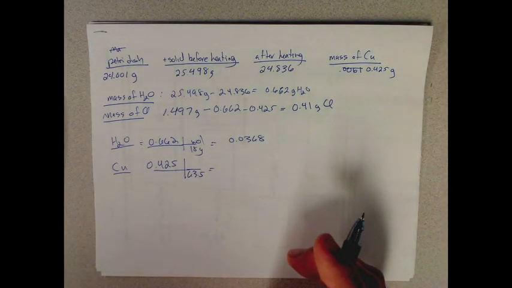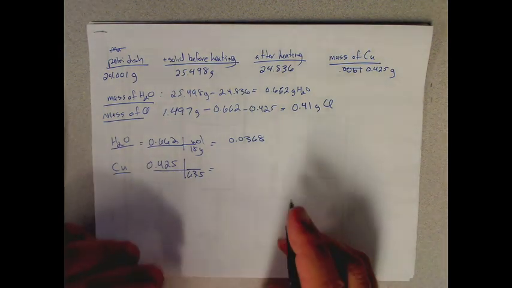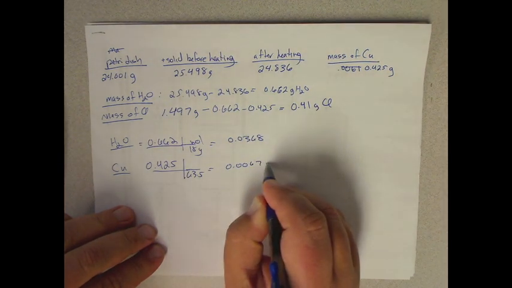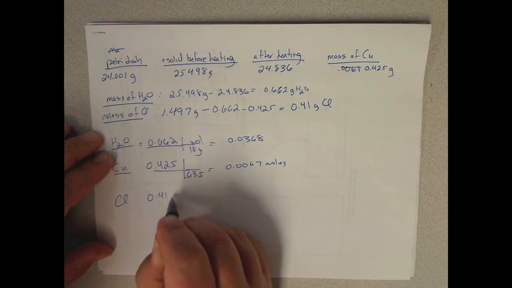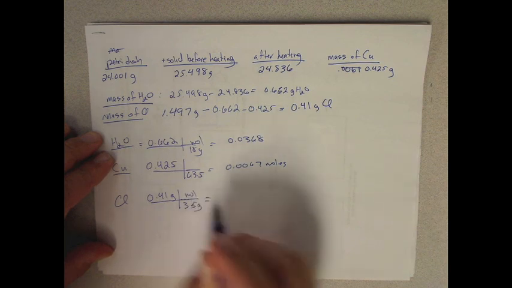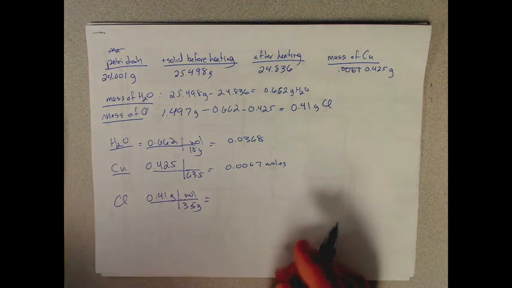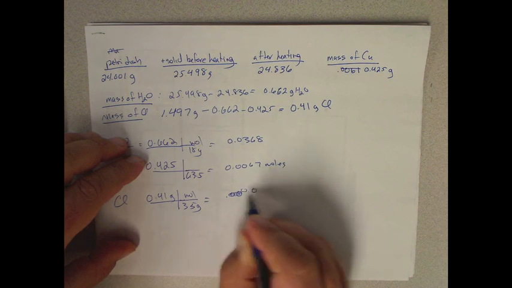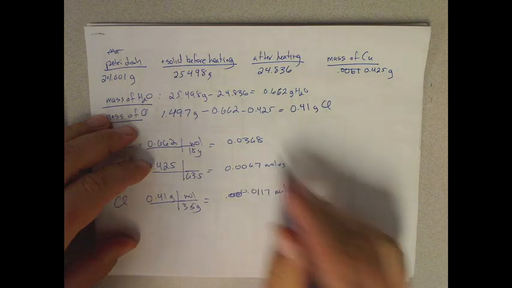So that is 0.0067 moles. And then finally, the moles of chlorine, 0.41 grams divided by 35 grams per mole equals 0.0117.